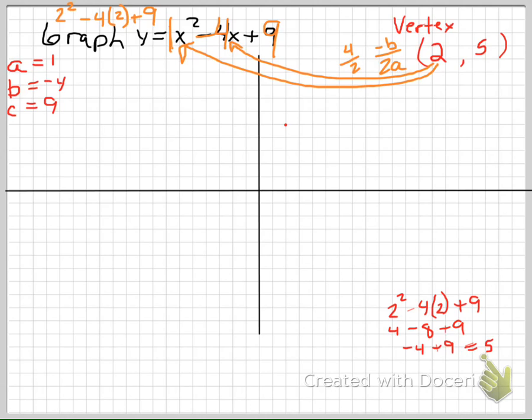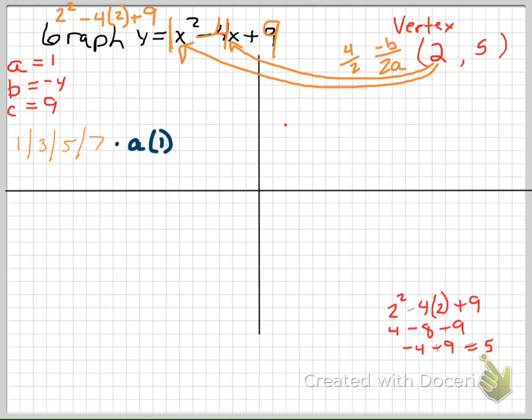Well, we're going to have to go up. It would have been better if we were going down because we have more room going down. So, our standard parabola is 1, 3, 5, 7, and we multiply that by a, which is what? 1.